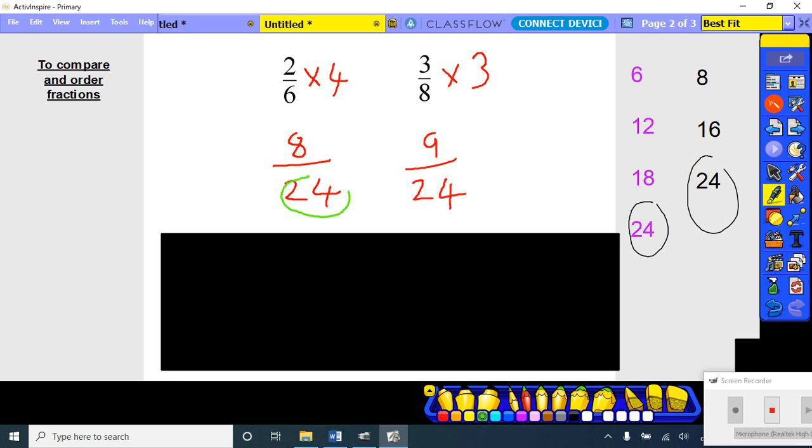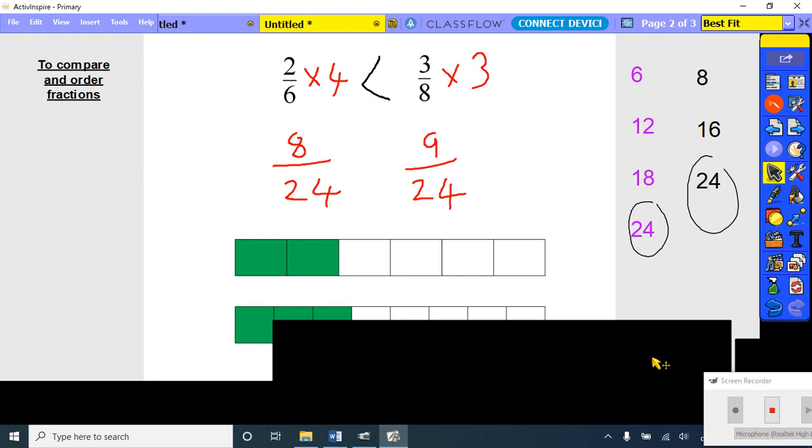Now that we have the same denominator, all we need to do is look at the two numerators and see which is greater. In this case, we can clearly see that 9/24 is greater than 8/24, which means that 3/8 was greater than 2/6.